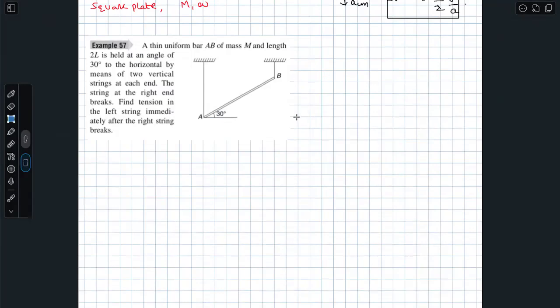Okay, fine. I'll follow the same steps again. The moment it breaks here, there's the tension at A, mg, 30 degrees.